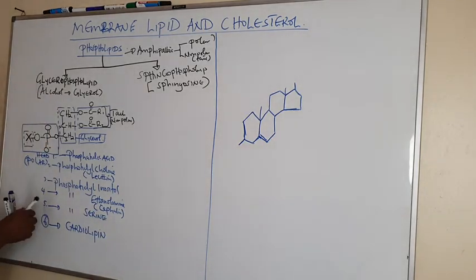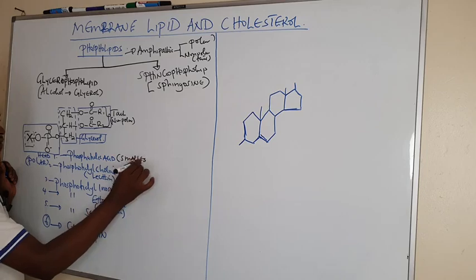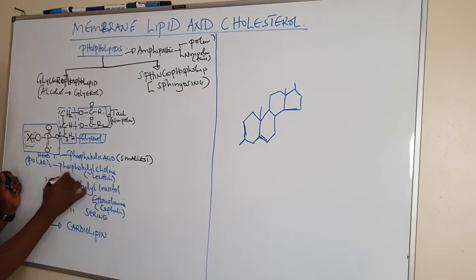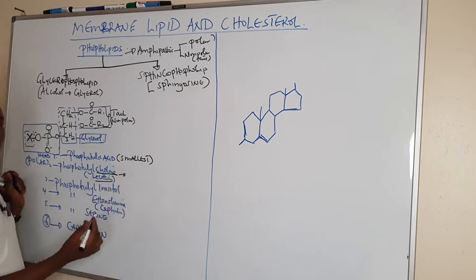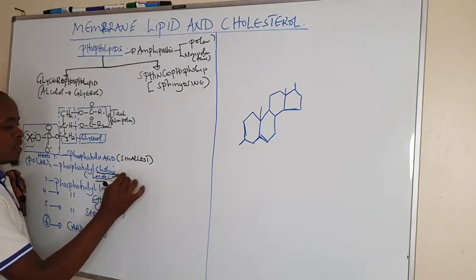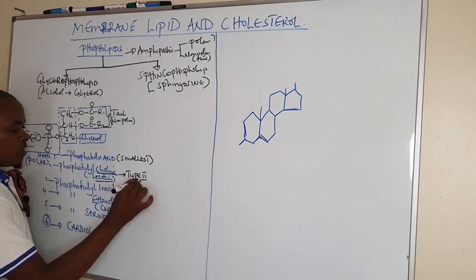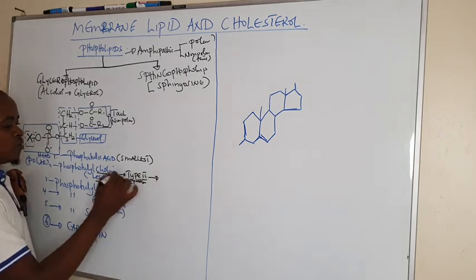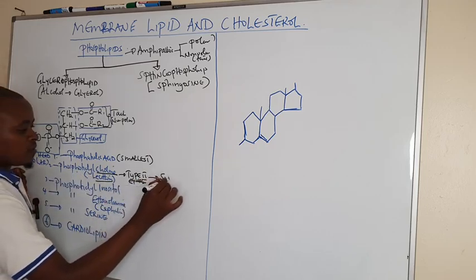And we're going to tell you that phosphatidic acid is the smallest phosphoglycerol found in the cell membrane, whereas phosphatidylcholine, which you are calling lecithin, is found in lungs, whereby lungs have type 2 epithelial cells, which we call pneumocyte type 2, which produce this phosphatidylcholine, which acts as a surfactant.